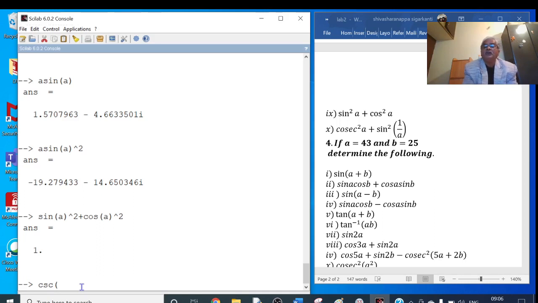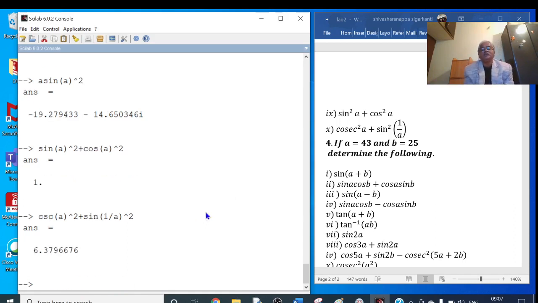For cosecant square A plus sin square of 1 by A, type CSC of A, then the power 2 using the cap symbol, plus sin of 1 by A, in brackets, again with cap 2. Press enter. I am getting 6.3 something here.